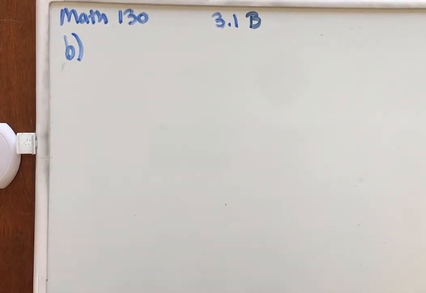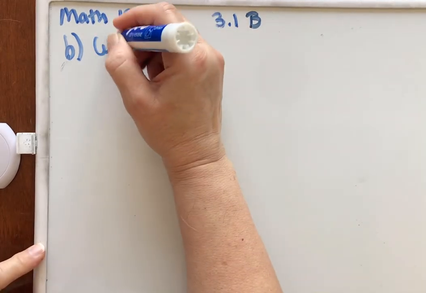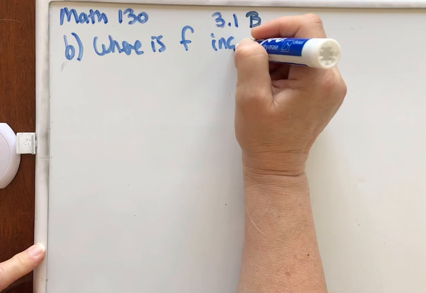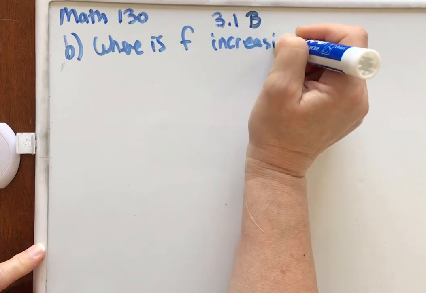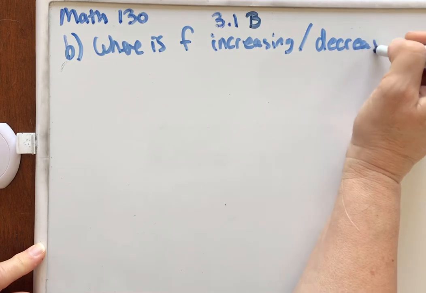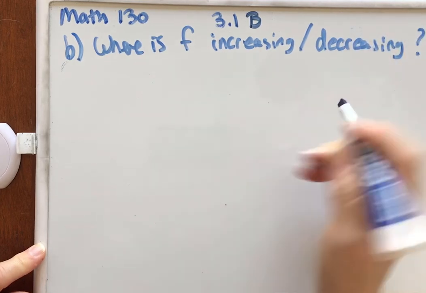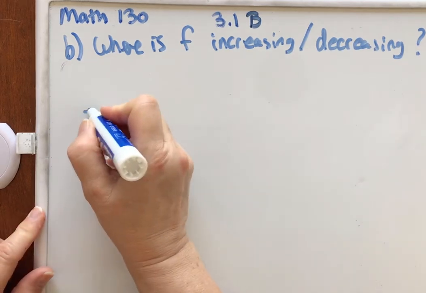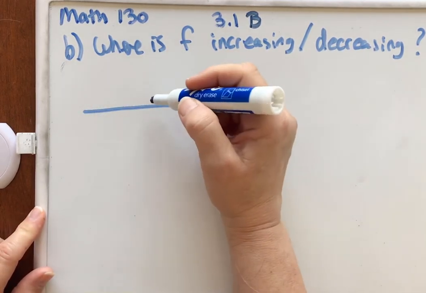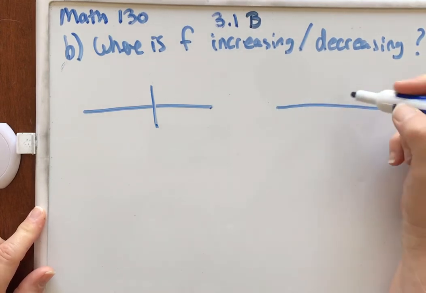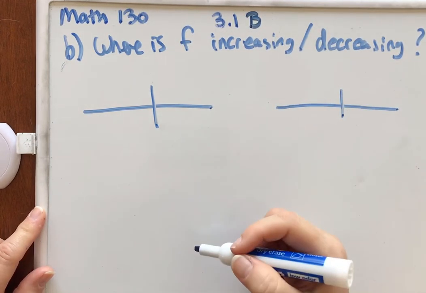So letter B, where is f increasing/decreasing? Okay, so let's draw two examples of what might be happening based on the information we have.